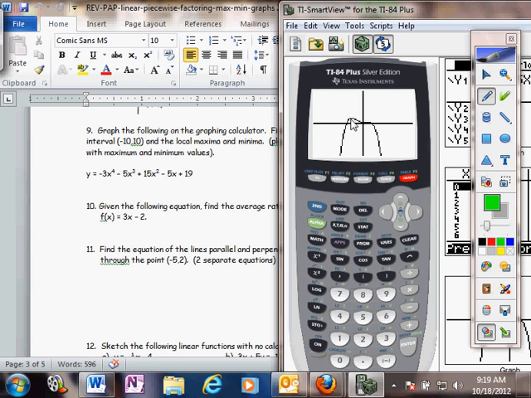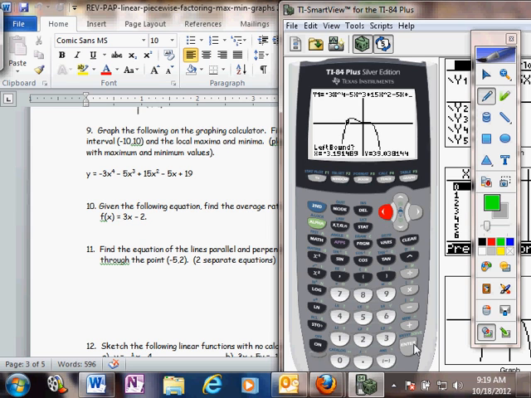Now the absolute maximum, which is the actual highest point on the entire graph, is right here. And so I find that by going second, trace, 4 for maximum. Here's my cursor right here. It's asking for a left bound. So I want to go a little bit to the left of it. How far? Just a few clicks.